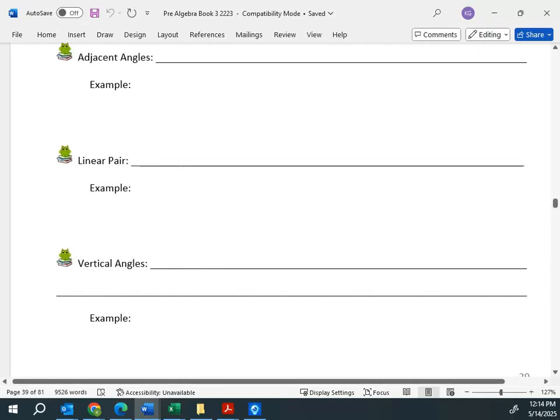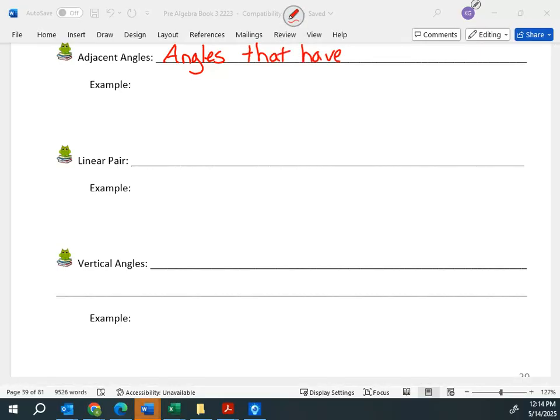Adjacent angles are angles that have a common side.